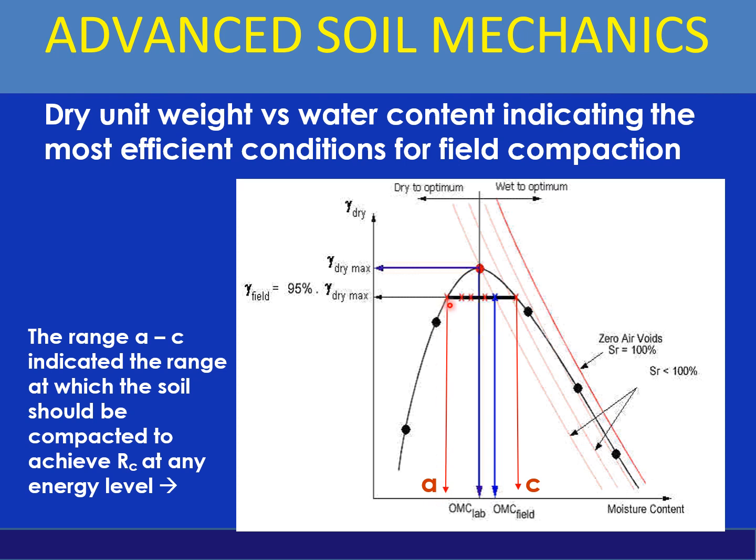This is on the dry side of OMC, this is on the wet side of OMC, because this point corresponds to 100%, and this corresponds to 95% of gamma d max. So you are having this point and this, and in this way we have this range from A to C. In this particular range of moisture content, you can get that desired gamma d, here 95%.